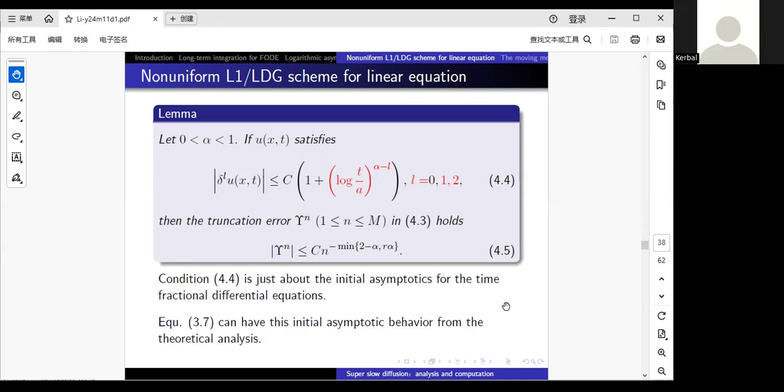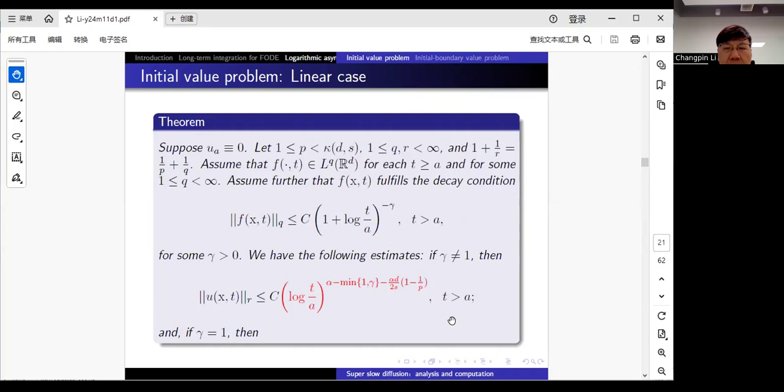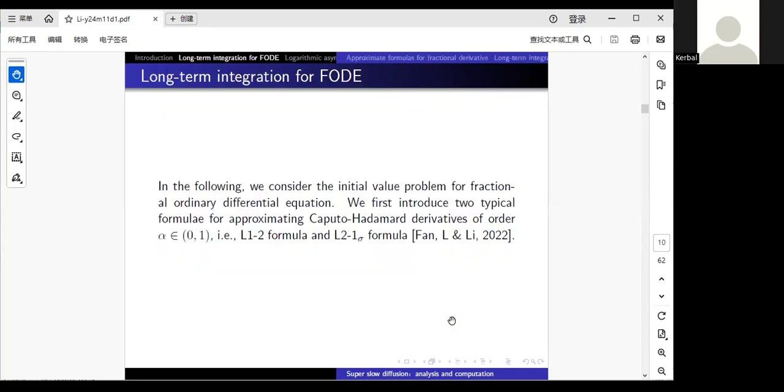If we use the Caputo or Riemann-Liouville derivative, we cannot get a better result. Okay. I see. From the paper I showed you. Is that related to the kernel? Yes, it's the kernel.